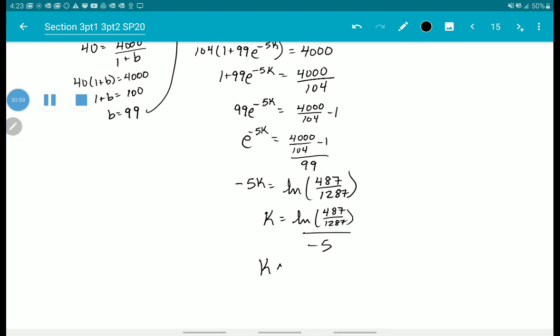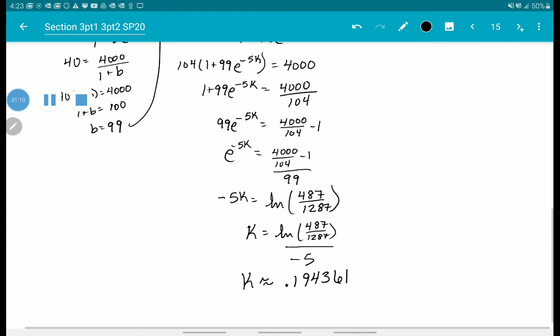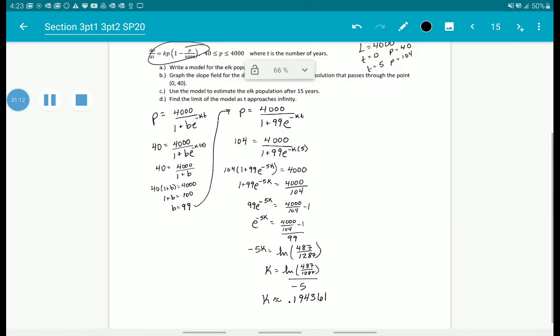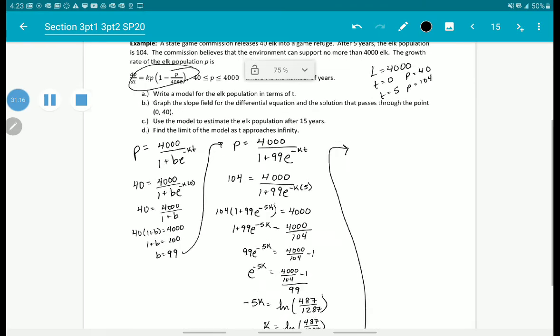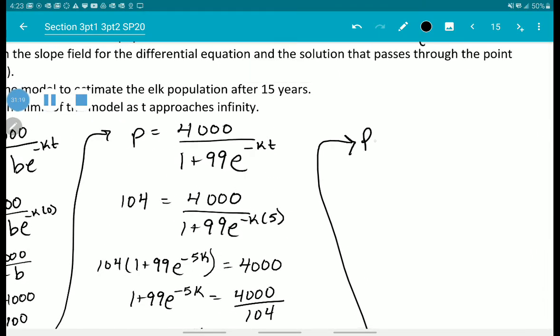And I am going to round this. I'm going to use 6 decimal places, though. That way our final answer is accurate to about 3. So, our model is this.